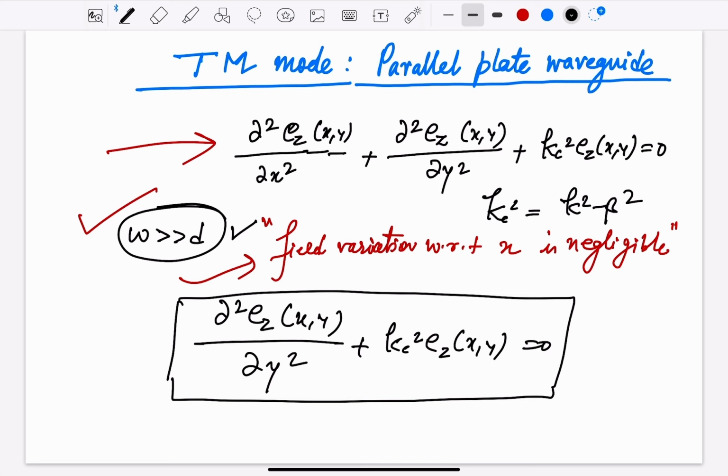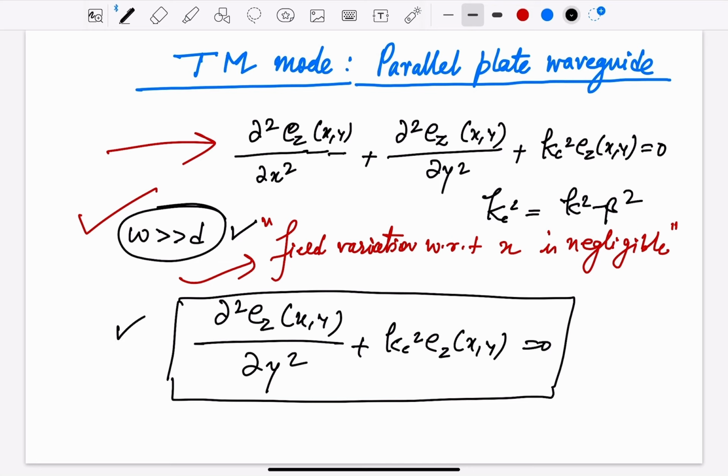For this equation one can write a general solution, in a similar sense to what we did for the TE mode: Ez(x,y) equals A sin(kc y) plus B cos(kc y). So this solution we may use here.